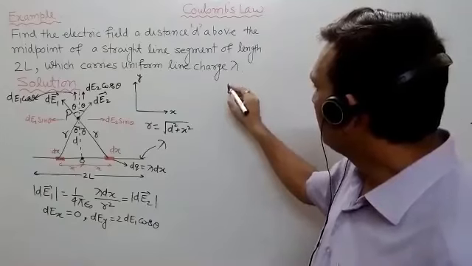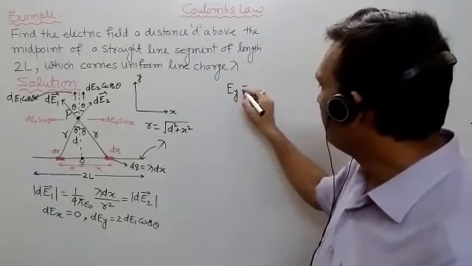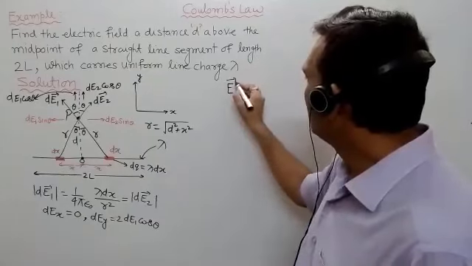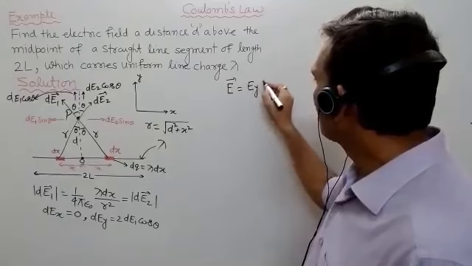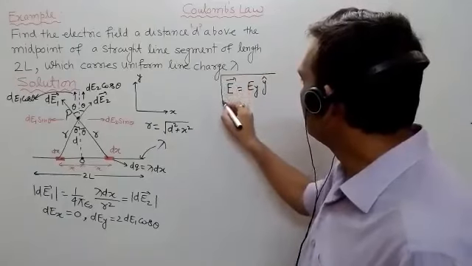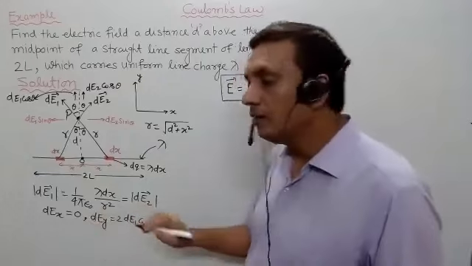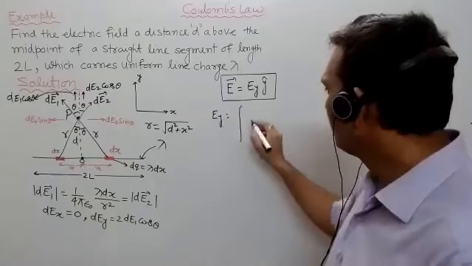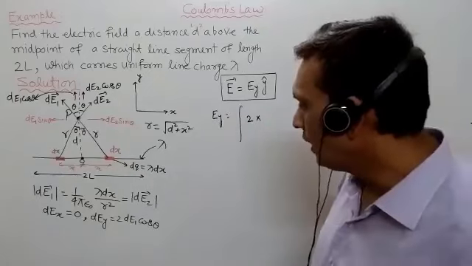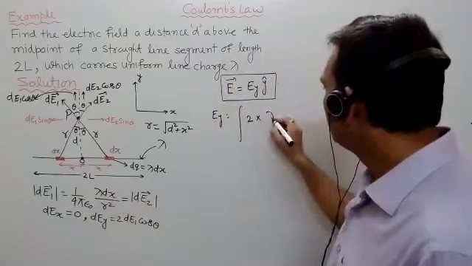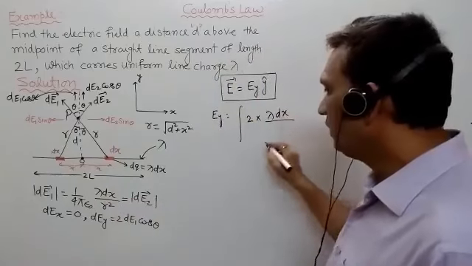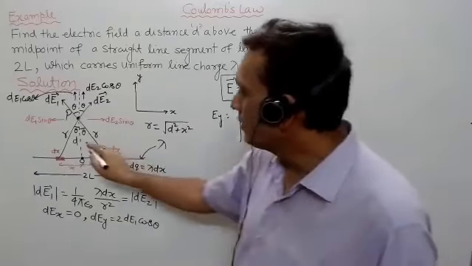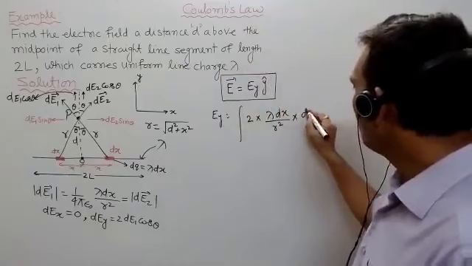The resultant field E is given by Ey y cap. This is the resultant field. So we have to calculate Ey. The component Ey is given by the integral of twice dE1. dE1 is 1 by 4 pi epsilon naught, lambda dx by r square, into cos theta, which is d by small r.